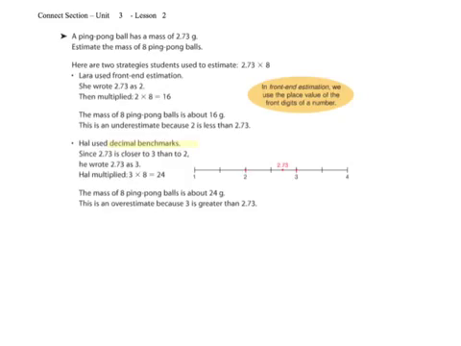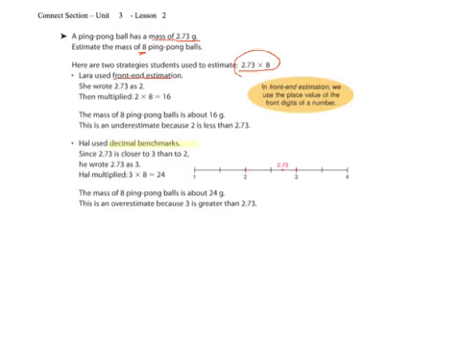All right, here we have a problem. A ping pong ball has a mass of 2.73 of a gram, and we want to estimate the mass of 8 of those ping pong balls, which means we're going to have to multiply 2.73 times 8. In this case, we've decided to use front-end estimation.